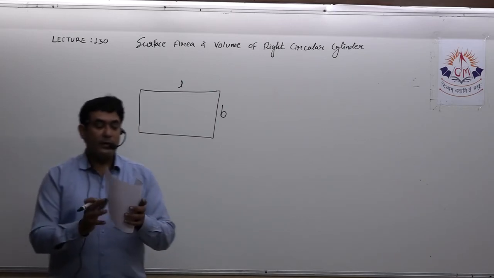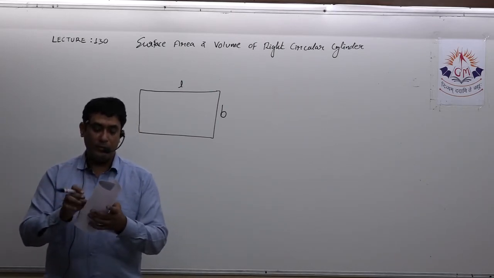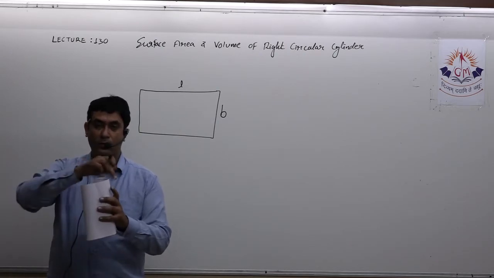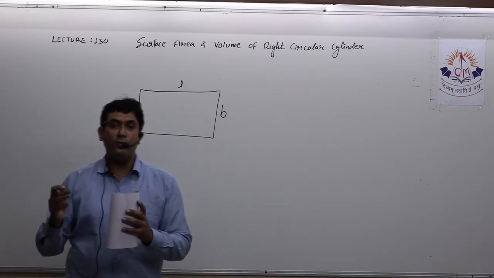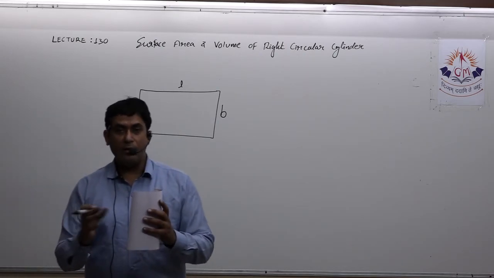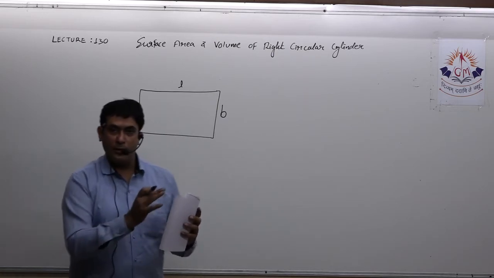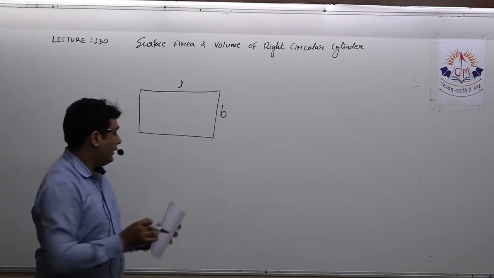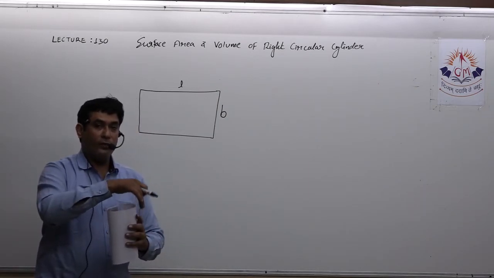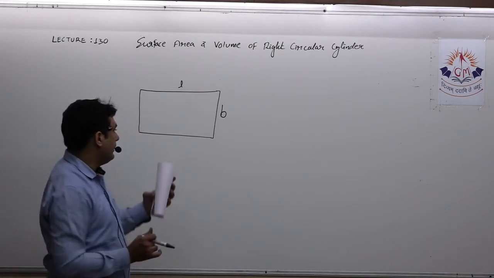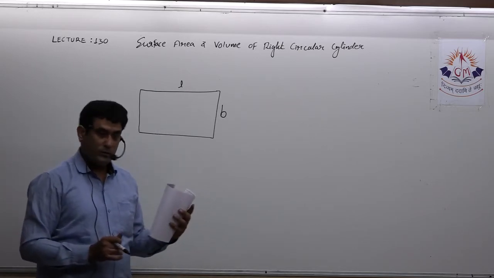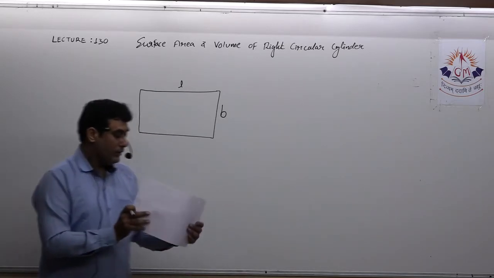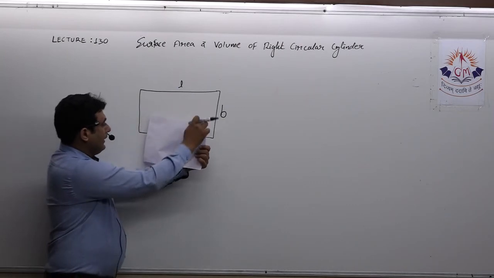Now here curved surface means the area of the wall. As we used to say lateral surface for cube and cuboid, that is the area of the wall, here we'll say curved surface. So the curved surface area of this cylinder is equal to the area of this rectangular sheet. Now, if you imagine, this is the length and this is the breadth.